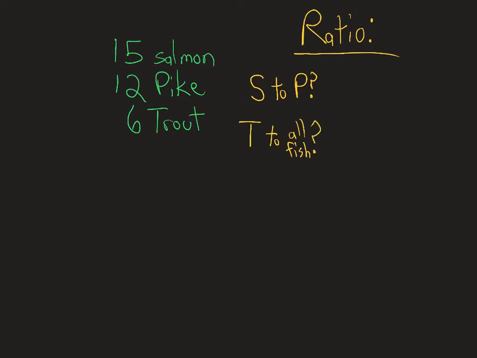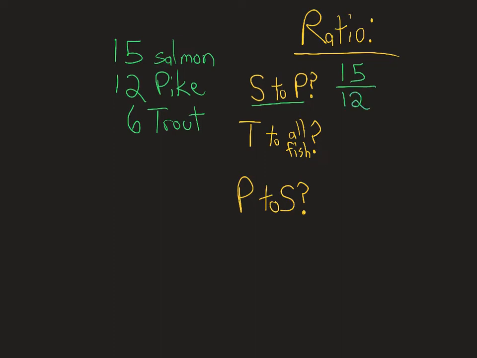Write that out. And then how about the ratio of pike to salmon? Write that one out, pause it, and write those 3 ratios. Use the fraction form. Go. Okay. S to P, salmon to pike, 15 to 12.